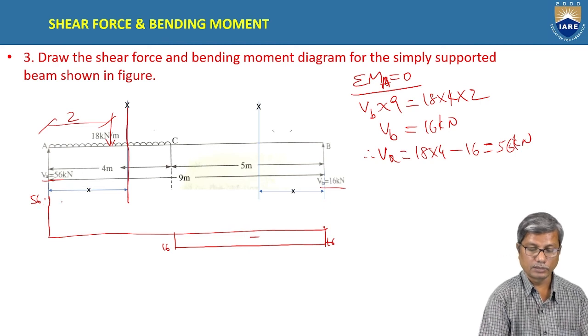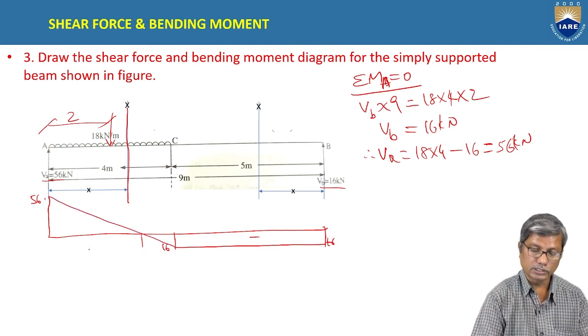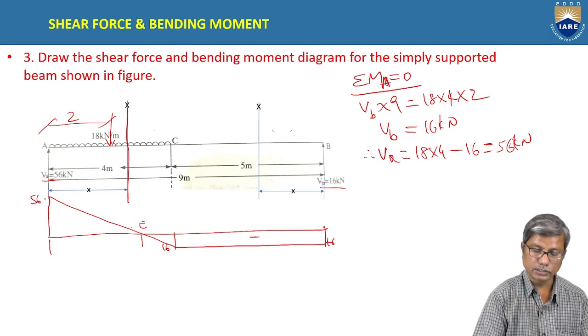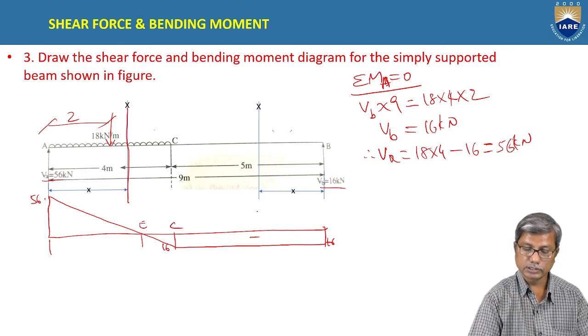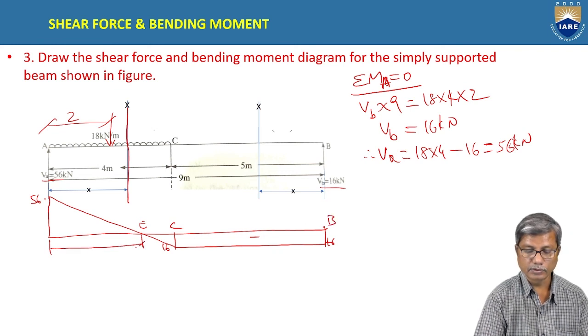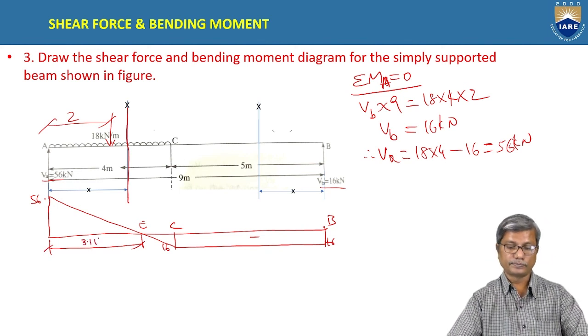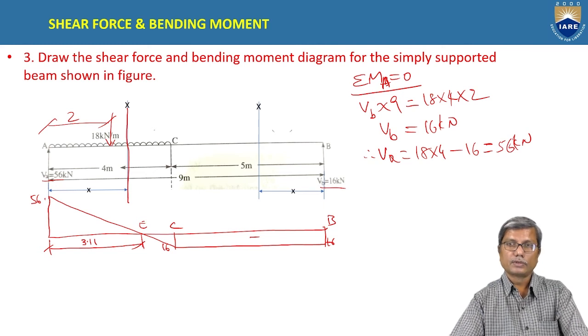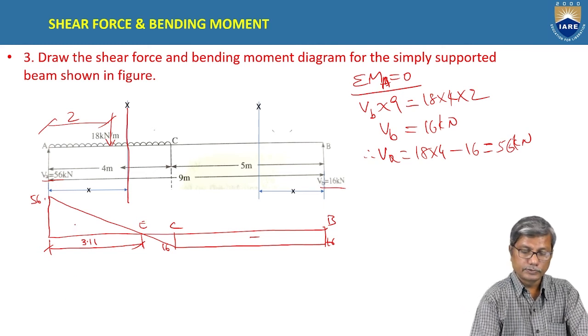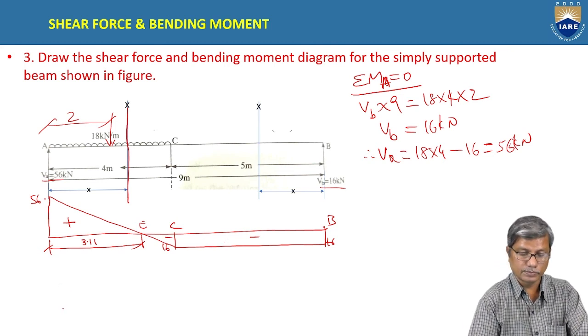Okay, minus 16 to plus 56, and at point E, the shear force is changing sign, and this distance is calculated as 3.11. So now this is positive shear force and this is negative shear force, as per our convention.